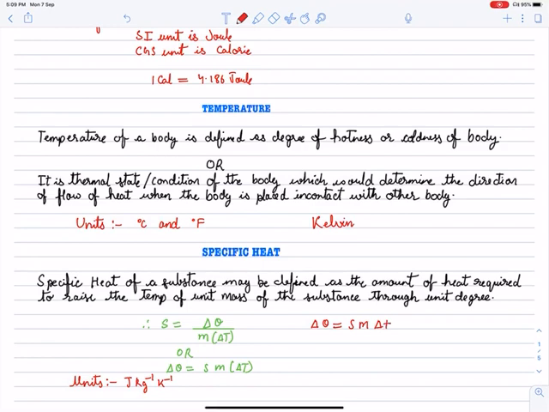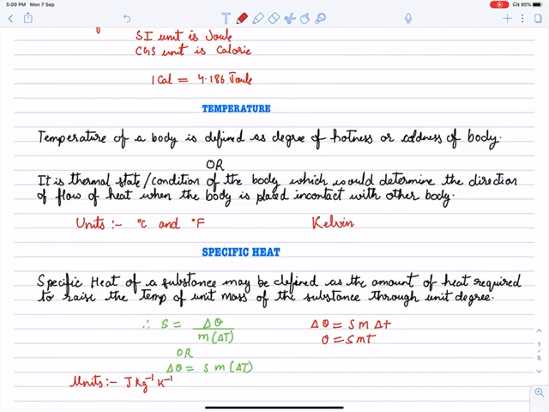At this point of time, you need not worry about what del is. Actually this is beyond your scope. In higher classes, you will learn about del, but forget about it here. Read it as Q equals S m T. Simple.